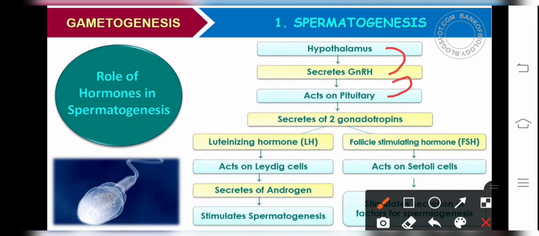Here the effect is on the anterior lobe of the pituitary. This anterior pituitary secretes two gonadotropins, two hormones. One we call LH, luteinizing hormone, and the second is FSH, follicle stimulating hormone.